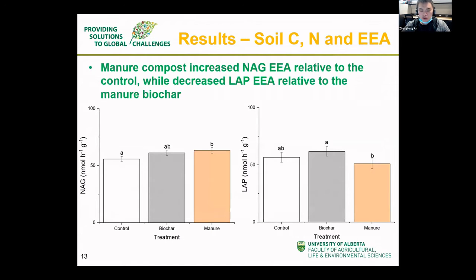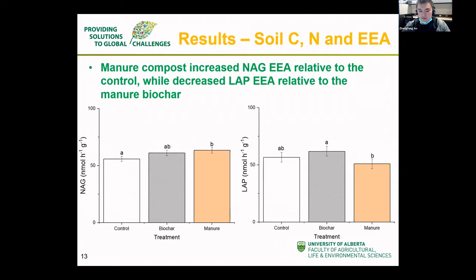And meanwhile, manure compost increased the NAG enzyme activities relative to the control, which also explains the reason why there is an increased greenhouse gas, like nitrous oxide emissions, in the manure treatment.